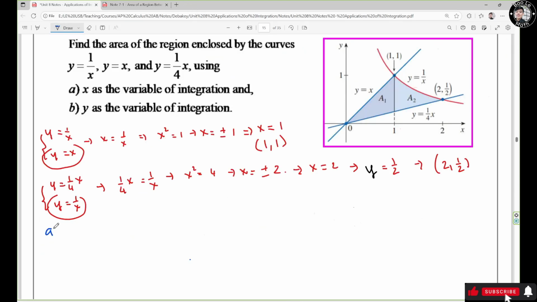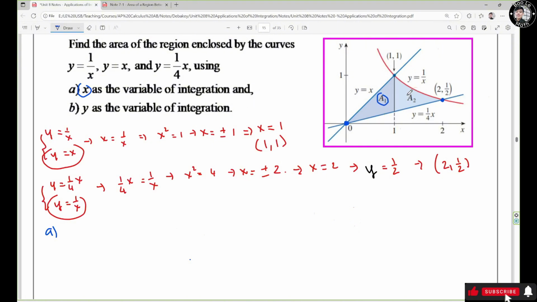Now question A. We need to calculate the area with respect to s right here. So we're going to go from left to right. So we're going to split this one into two areas. The first one is A1 right here.